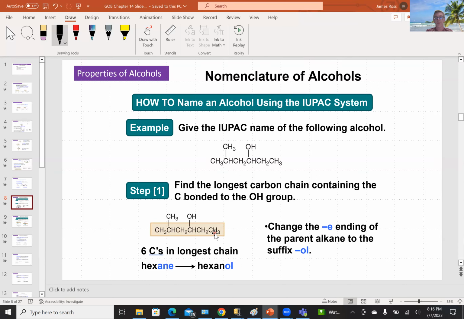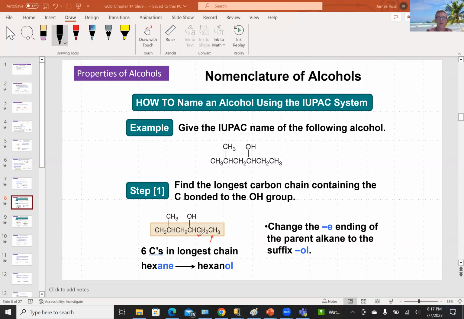Next, the big new shiny object is the hydroxyl group. We want to number this longest chain, either left to right or right to left, to give the alcohol the lowest possible number. We've always got 2 options, and literally, if you're not sure, look at both.